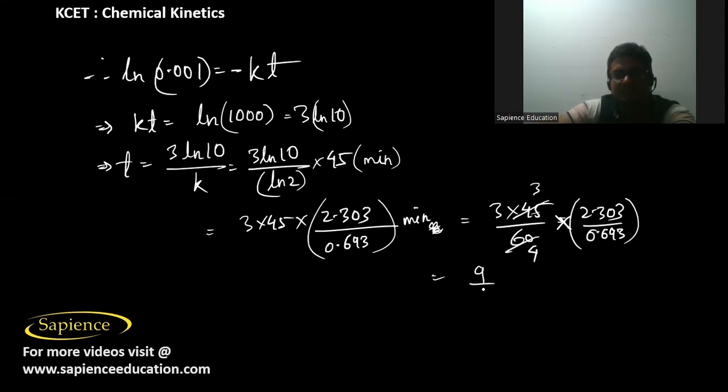So 9 by 4 into 2.303 by 0.7, approximately.